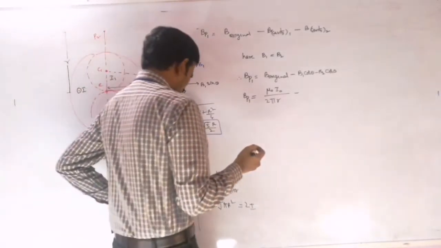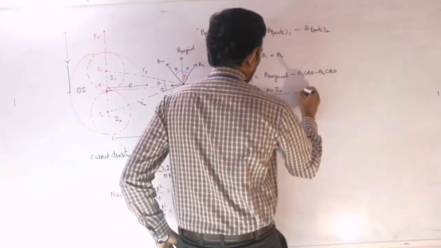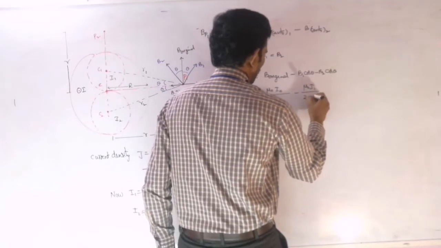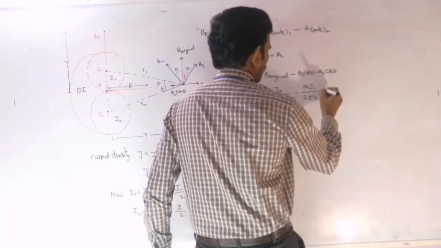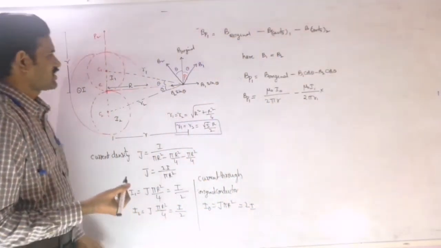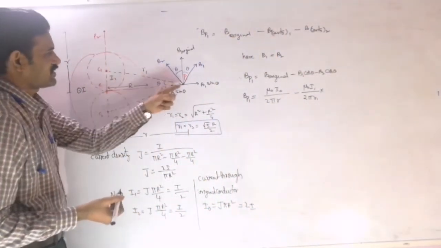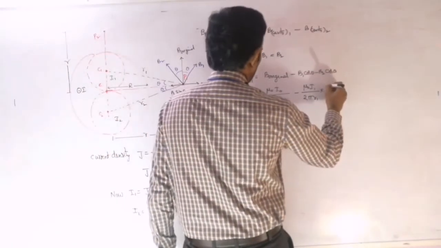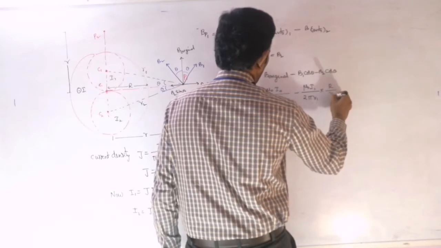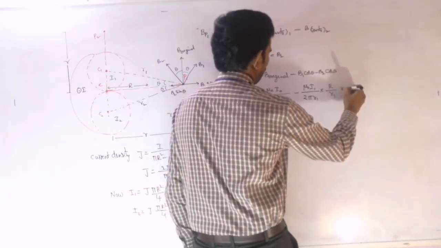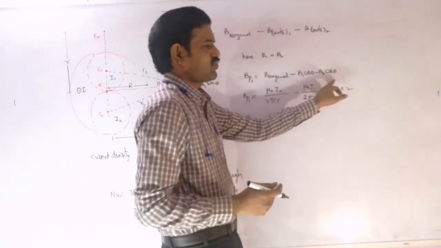And so now its value we can substitute as mu naught I1 by 2 pi R1 into cos theta. That cos theta value you can write again by using this equation here. So the cos theta value is nothing but R by R1, and into 2 we can write, because these two are equal.